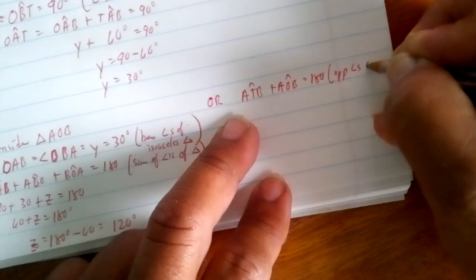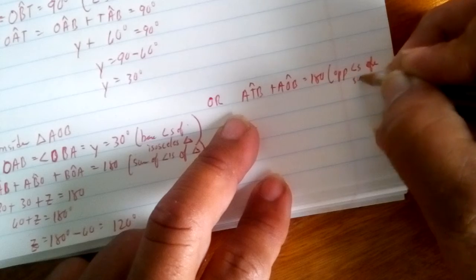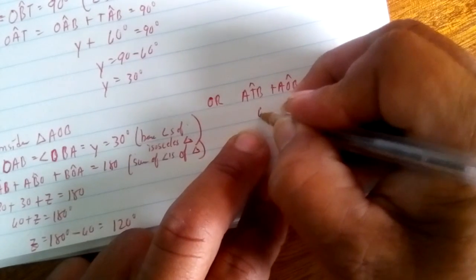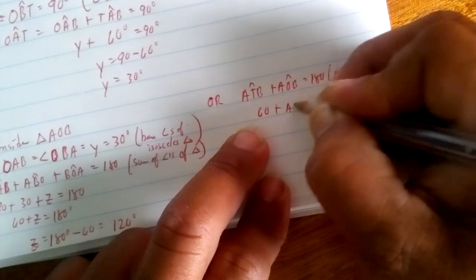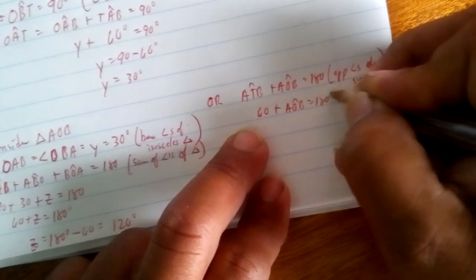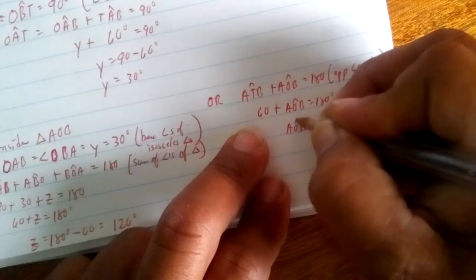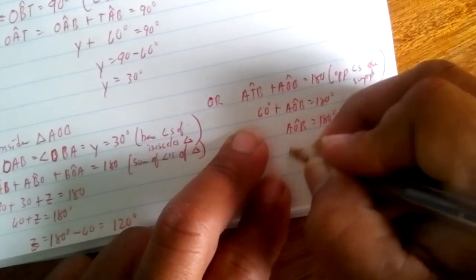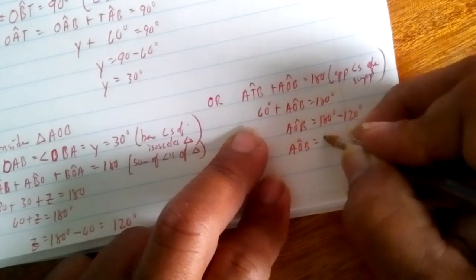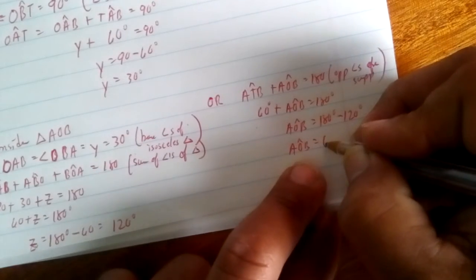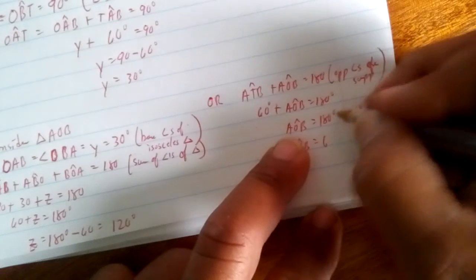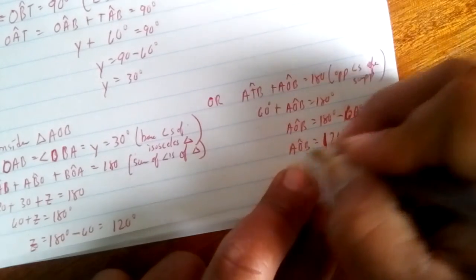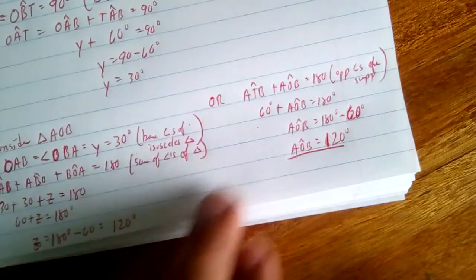Opposite angles are supplementary. You can say that. So therefore you can put here 60 plus AOB equals 180. AOB equals 180 take away 60 degrees. Sorry about that, this is supposed to have been 60. So you have here 120 degrees for AOB, and AOB is z.